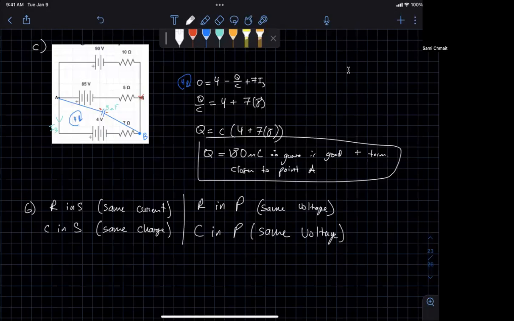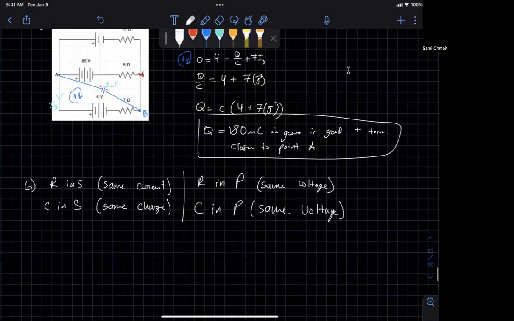Okay, so that's just helpful to know. And now to measure the voltage across any resistor or capacitor, V equals IR for resistors, and V equals Q over C for capacitors. So now I'll turn it to you guys to solve for the two equivalent resistance values in the cases where it's open and where it's closed.